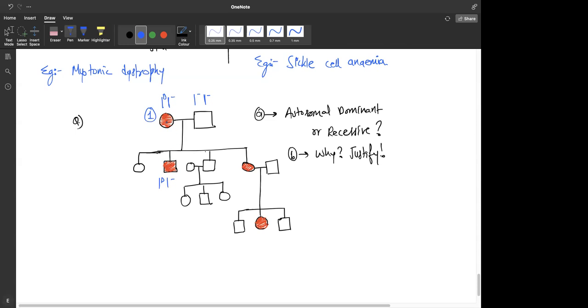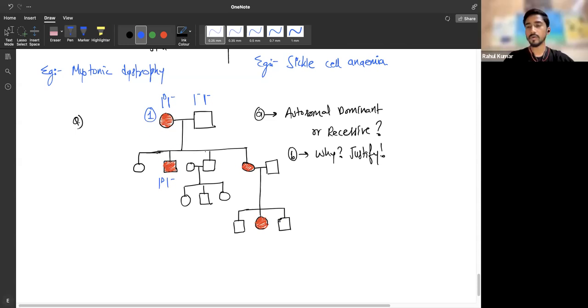Yes, sir. You don't have to go to others even. This female got a normal from mother and normal from father. This male got a normal from mother and a normal from father. This female got a diseased from mother and normal from father. So it is happening in both the sexes, and it is happening with a normal father.